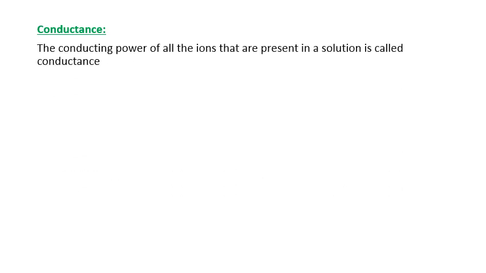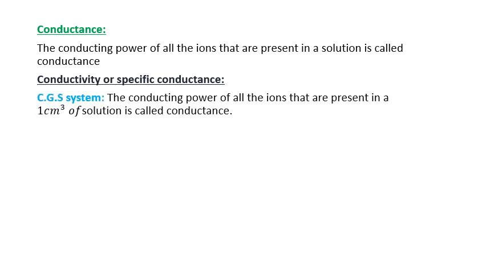In this slide we will see some definitions. Conductance is defined as the conducting power of all the ions present in a solution. Next, conductivity or specific conductance. First, the CGS system definition: the conducting power of all the ions present in 1 centimeter cube of a solution.